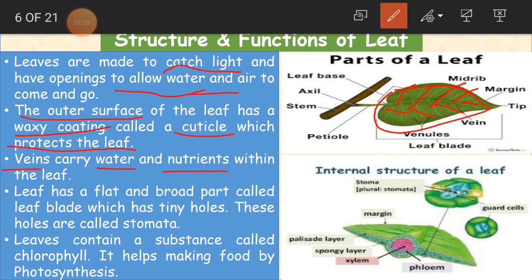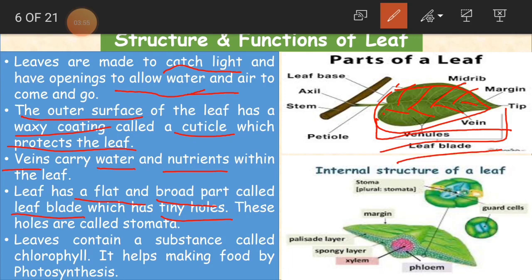Understood children? Clear? Okay. Then the fourth point. The leaf has a flat and broad part called the leaf blade, which has tiny holes. See this big leaf, it is flat and has a broad part which is called the leaf blade. See here, it is written leaf blade.